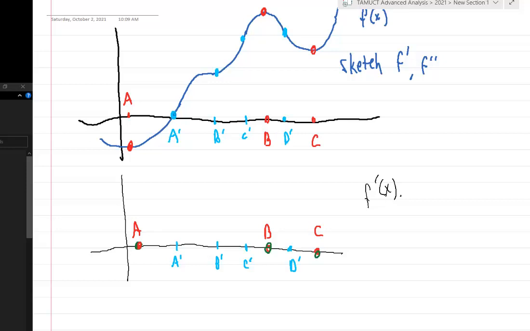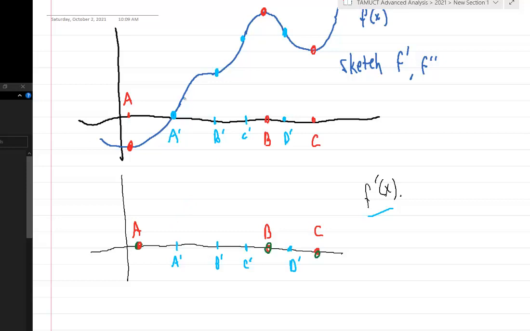That means that the derivative of this function will be 0 here. Not the function, but the derivative. What does that mean? That means that the function is flat. So I'm going to have a max or a min here, here, and here.